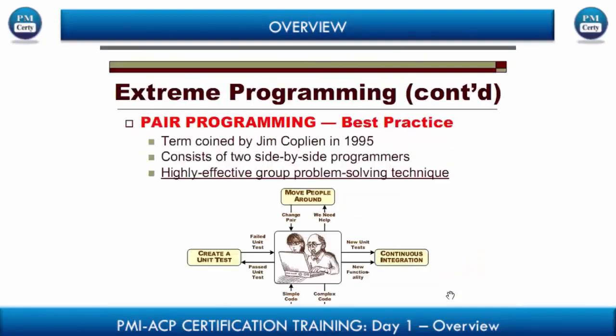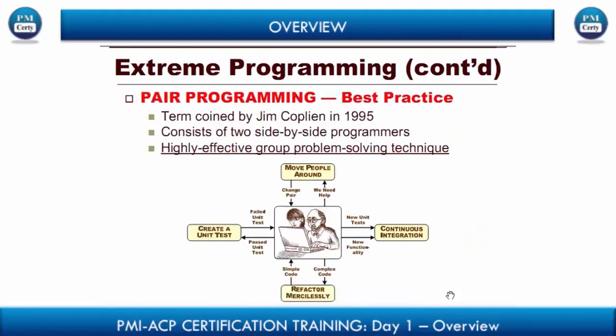Now we also have another term called pair programming, which is a best practice. It's nothing but two programmers sitting at a common machine working on a single piece of code. One person is coding, and the other person, as they code, is reviewing online immediately and trying to debug it and remove the errors around it. Obviously, it's highly effective. You're not going to see too many errors. The roles are not constant.